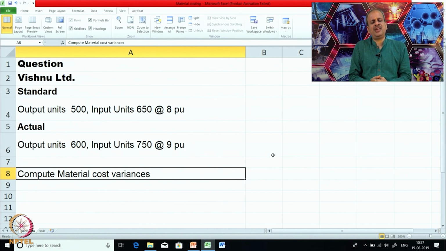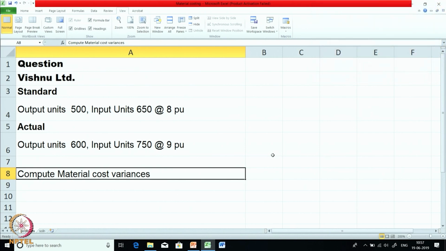Look at them carefully and tell me how will you proceed. So in material cost variance, you know that we are comparing the quantities and we are comparing the prices. So, shall we compare output quantities or input quantities? That is the first thing. I think we have already discussed it.